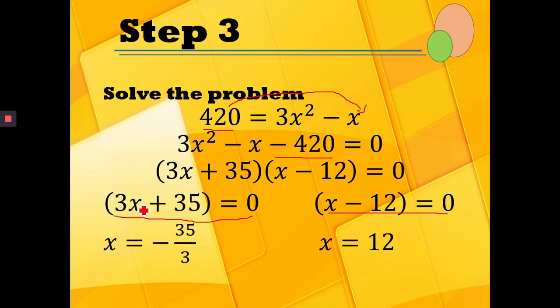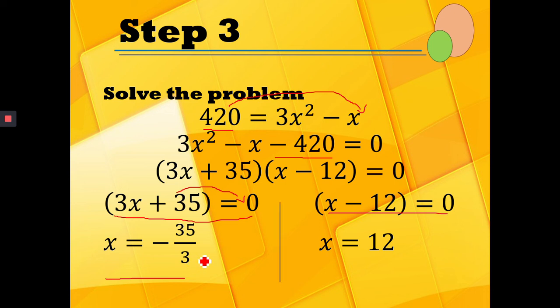So, on this part, first, para mahanap yung value ng x, si 35 po kailangan natin ilipat sa kabila. Okay? So, after natin siya ilipat, magkakaroon po ng 3x is equal to negative 35. And to remove the coefficient 3, we will be dividing both sides by 3. Kaya po ang magiging resulta is x is equal to negative 35 over 3.